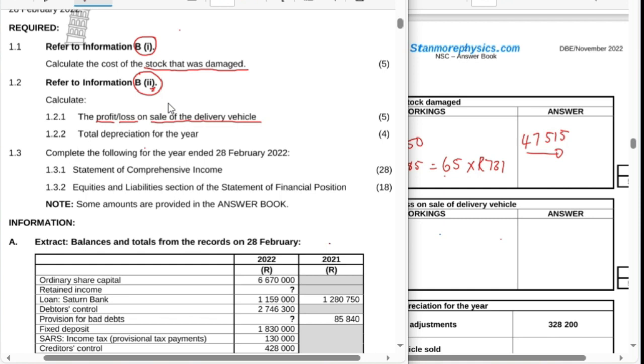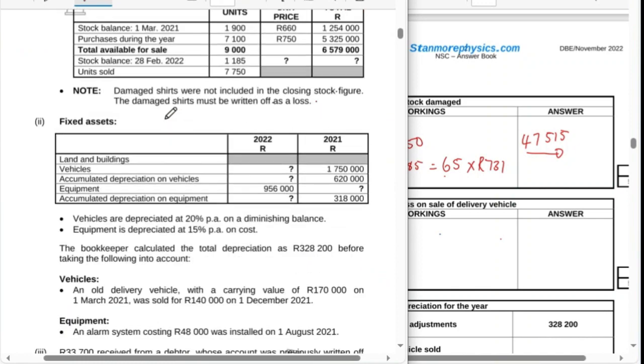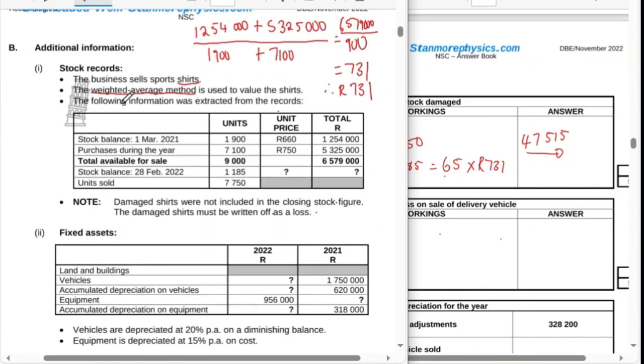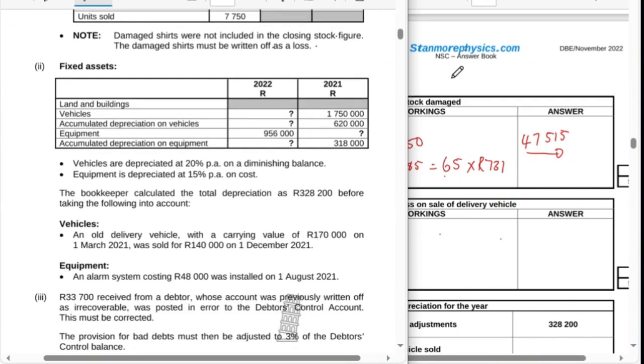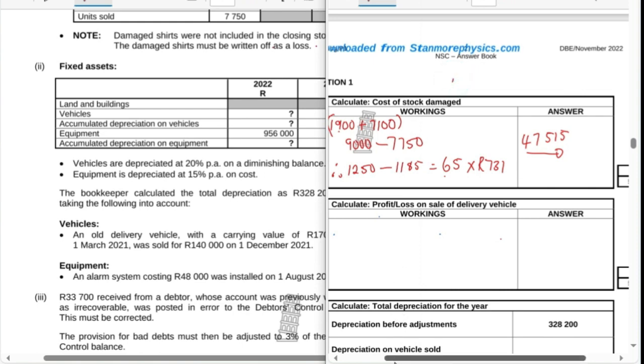And then in this case, we are going to take a look at transactions that are related to the sales of our fixed assets. And then that information they told us we'll get at information B2.